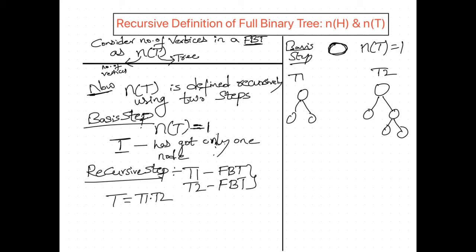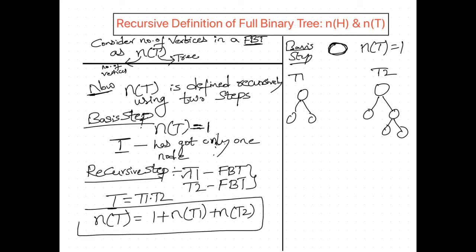For this particular T, I should find the number of vertices. So n of T is equal to 1 plus n of T1 plus n of T2. This is the recursive definition of the number of vertices in a full binary tree.